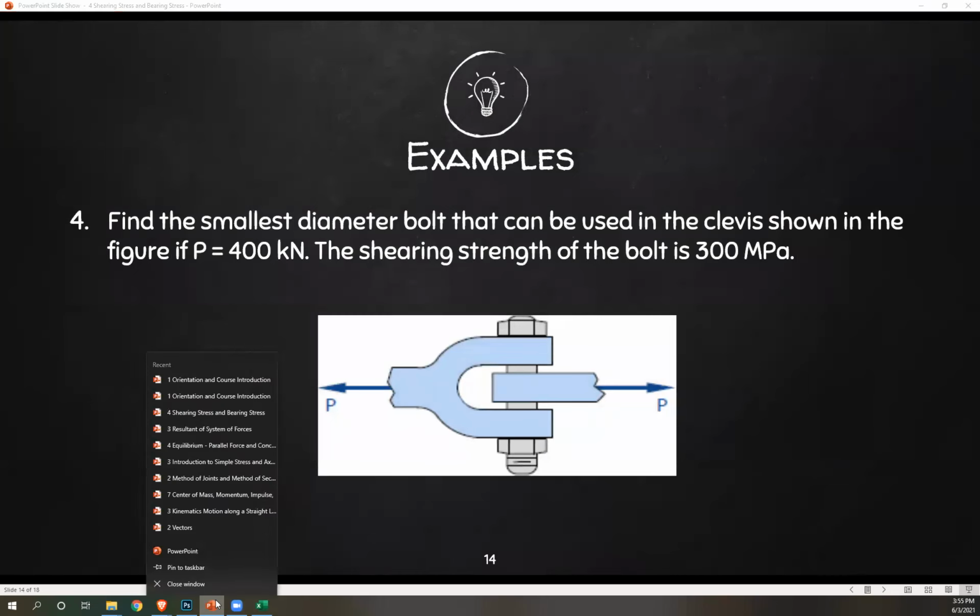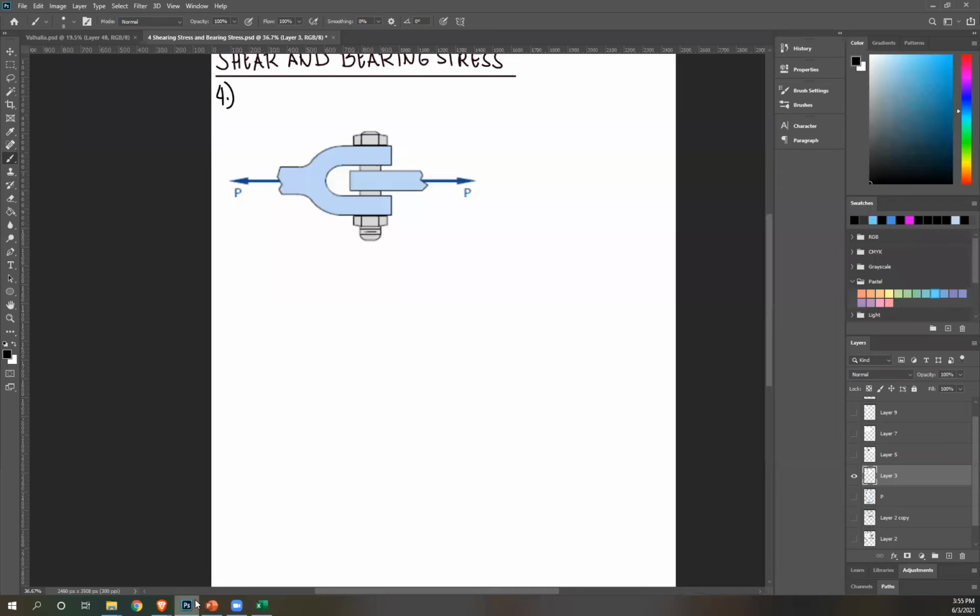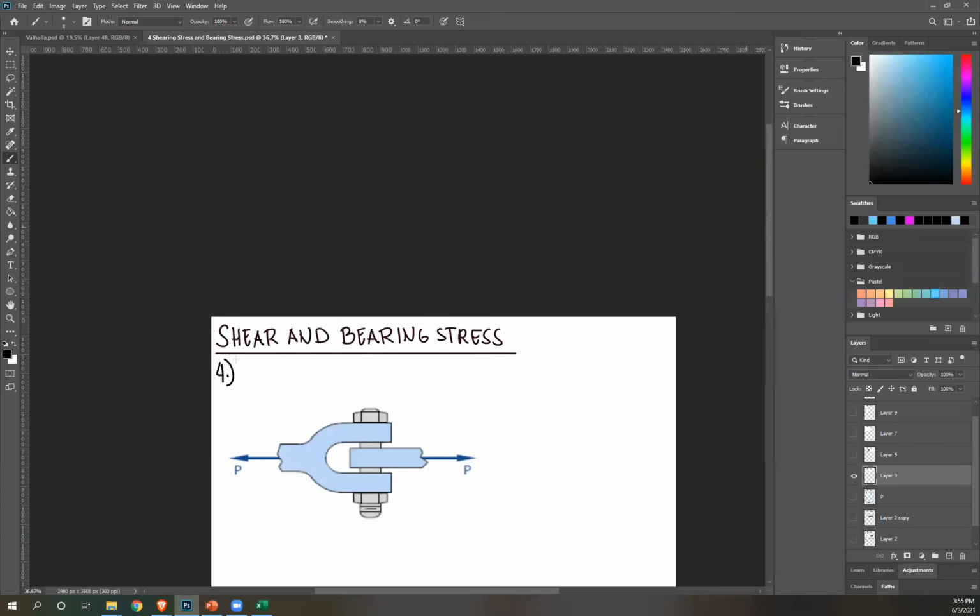Find the smallest diameter bolt that can be used in the clevis shown in the figure. If P equals 400 kilonewtons, the shearing strength of the bolt is 300 MPa. Right. Once again, write your given. So first, P is equal to 400 kilonewton.